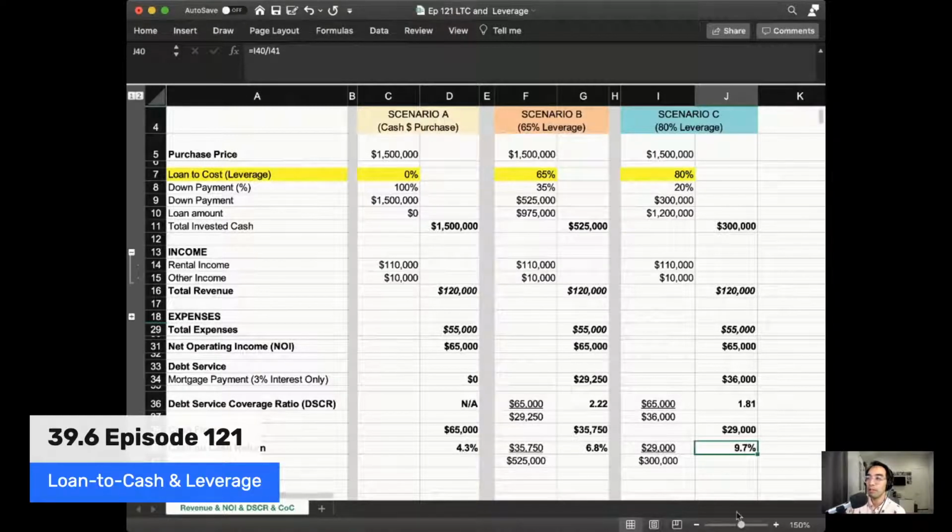It increases your cash on cash return. Okay, so this $300,000 is 1/5 as much as the first situation. You could literally go and buy 5 of these properties with $1.5 million. So you get a lot more cash flow overall. But you also have to make this mortgage payment every month.